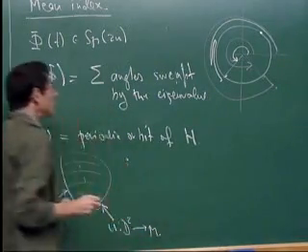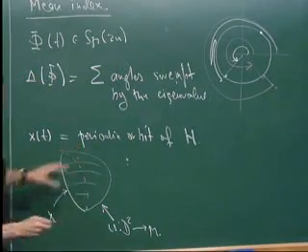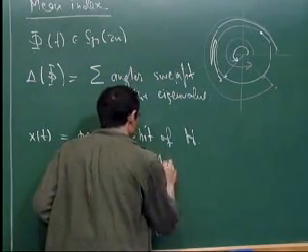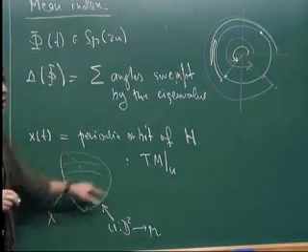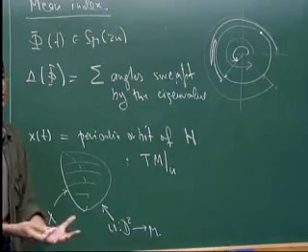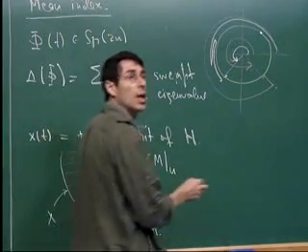Let's take a trivialization of the tangent bundle to M over the disk. It is essentially unique up to homotopy because the disk is contractible.